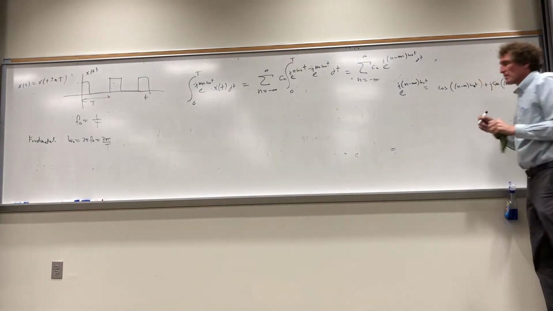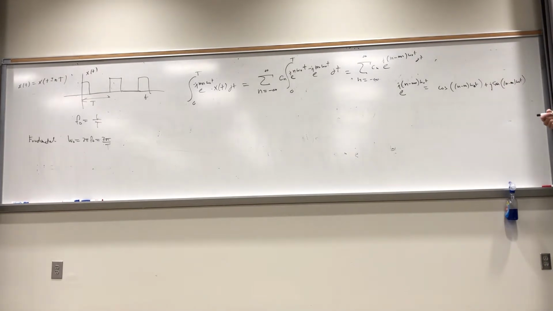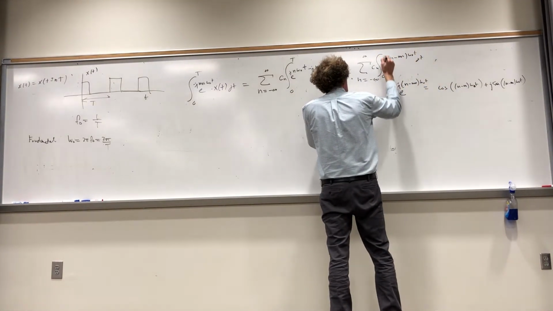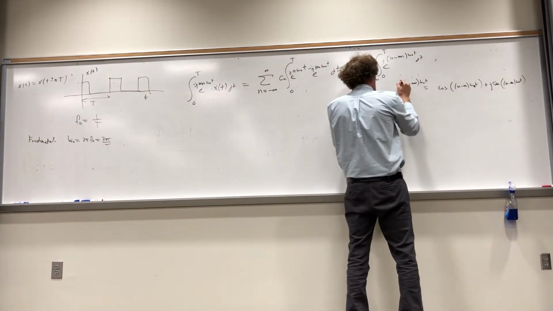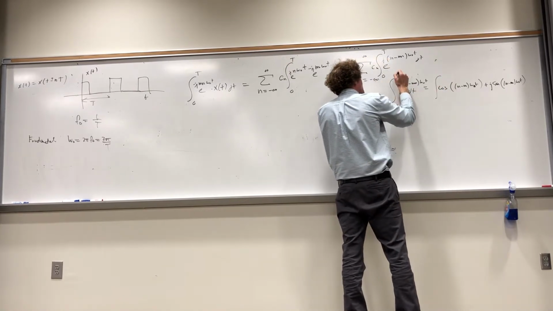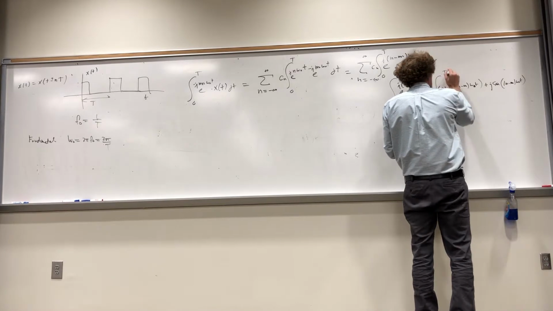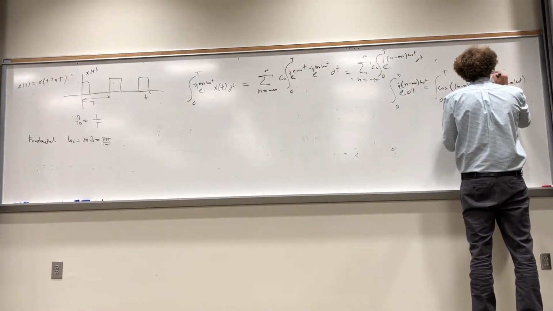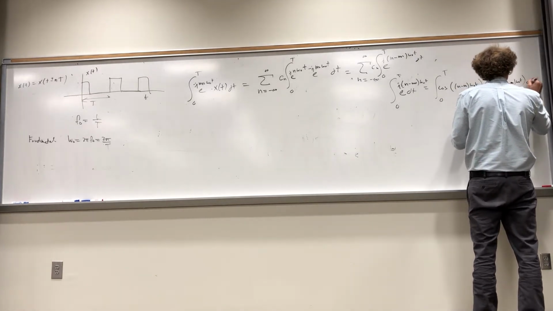You all agree with that? Let's just use Euler's, correct? Now I'm going to integrate this from 0 to T over a period. Well, what happens when you integrate this from 0 to T, times dt?